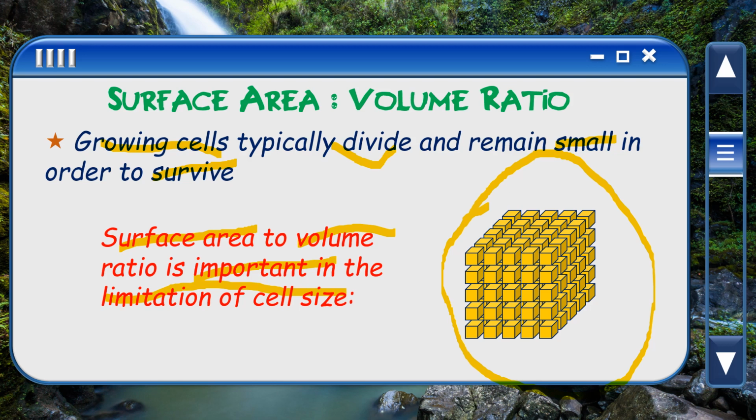So the size of the cell should remain small, and that helps it to have a higher surface area to volume ratio, which is going to help the cell to exchange materials at a faster rate, in equilibrium with the metabolism that is taking place inside the cell.